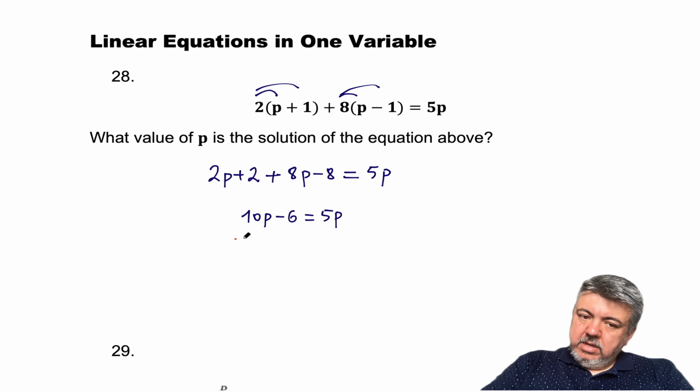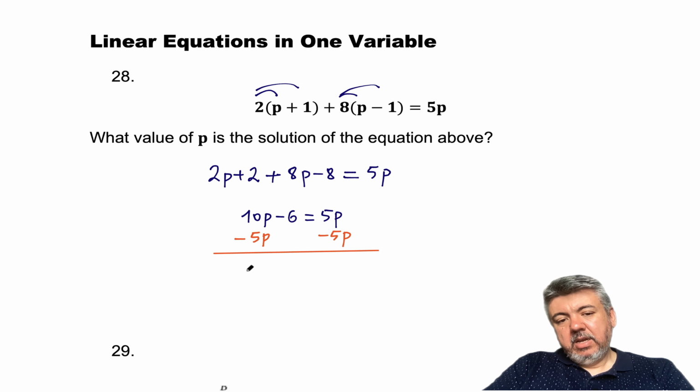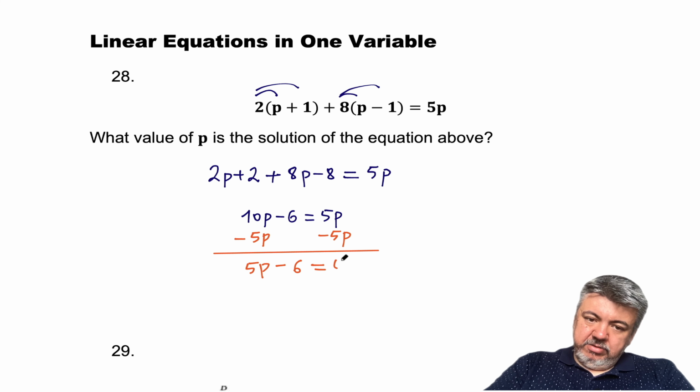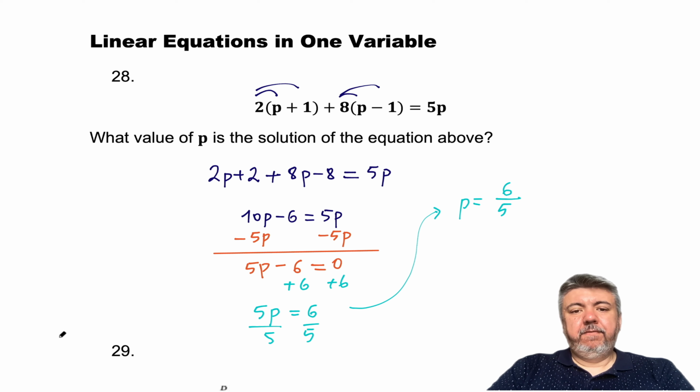Next, take away 5P from both sides. It's 5P minus 6 equals 0. Add 6 to both sides: 5P equals 6. Divide by 5, which is P equals 6 over 5.